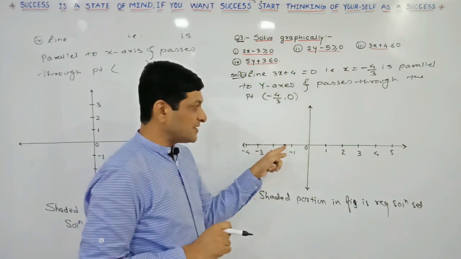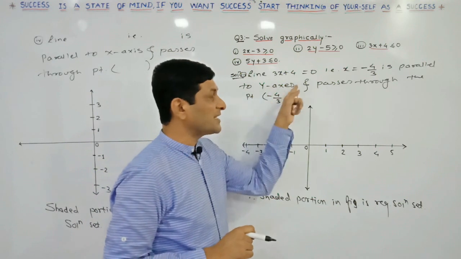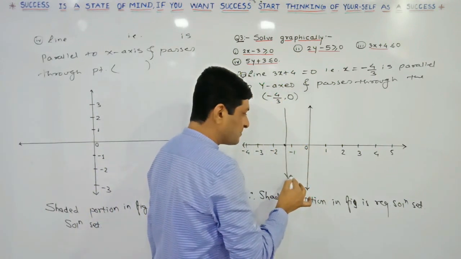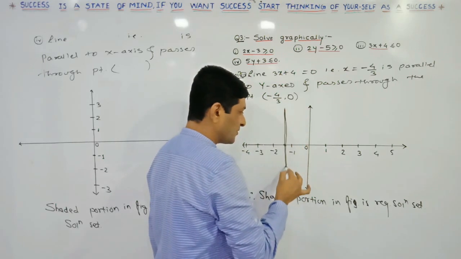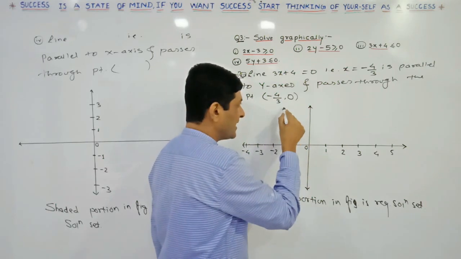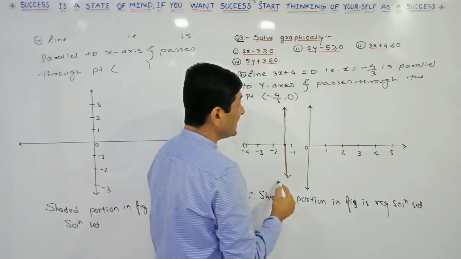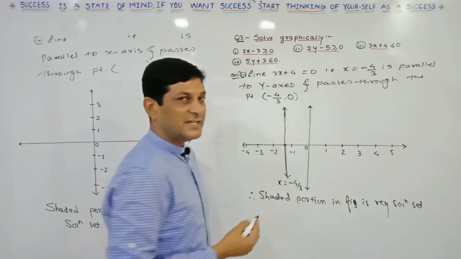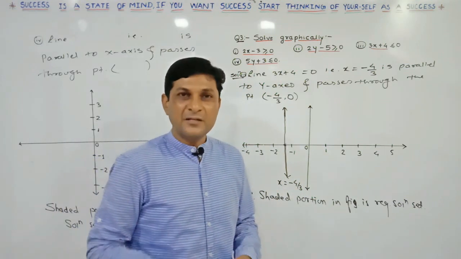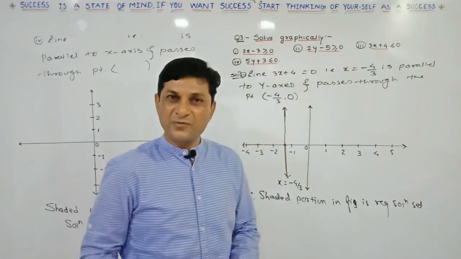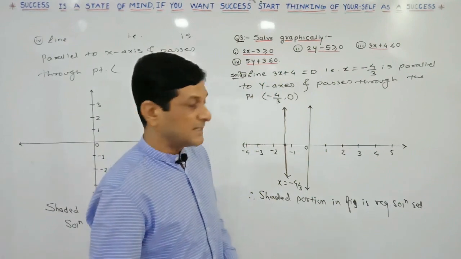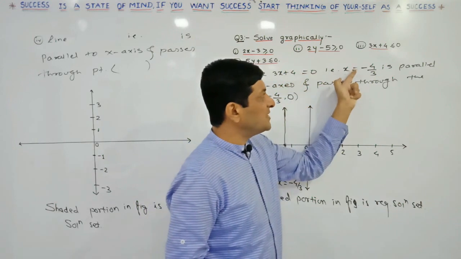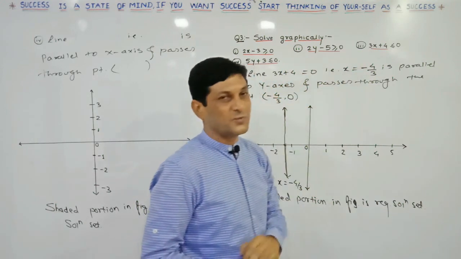Now our line passes through this point and is parallel to which axis? The y-axis. So here the line is parallel to the y-axis and passes through which point? Minus 4 by 3. So this will be our required line. What is the equation of this line? x is equal to minus 4 by 3. Once the line is constructed, using the inequation we are able to find our required solution set. What is the inequality here? Less than. So here less than is there, which means here also x is less than minus 4 by 3.